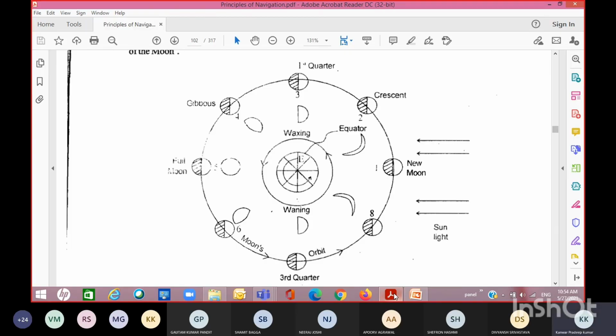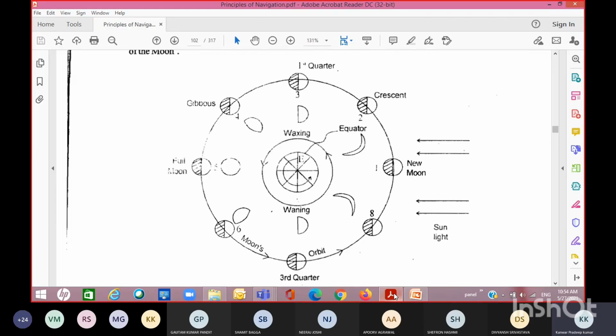You will notice that from new moon to the full moon, maybe the crescent is pointing down. And from the full moon to the new moon, the crescent is pointing in the opposite direction. So keep this as an exercise and watch the moon and how it goes.